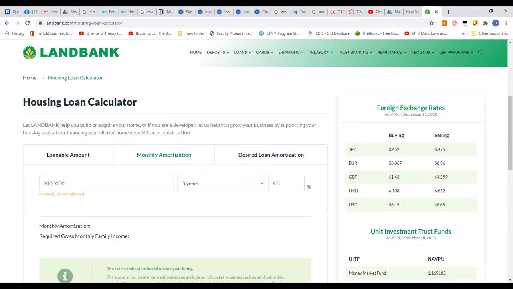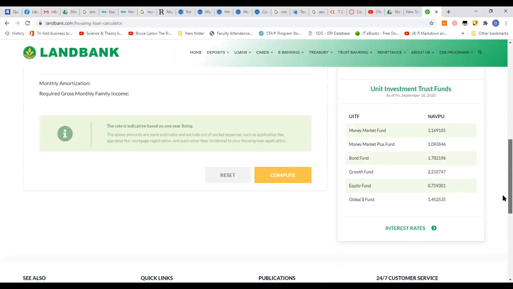Okay, sir. This one, make this 6.5%. Yan. Ito. So, ito yung magiging monthly amortization natin. 58,698.44. Okay? Hindi natin kumpareho. 58,698. Okay.